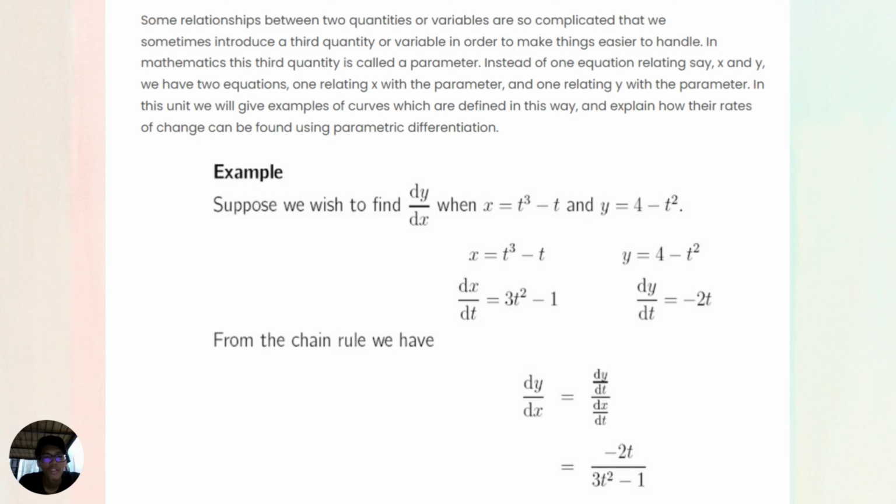Differentiating x with respect to t, dx/dt equals 3t squared minus 1, and dy/dt equals negative 2t. Using the chain rule, dy/dx equals dy/dt over dx/dt. So the answer we get is negative 2t over 3t squared minus 1.